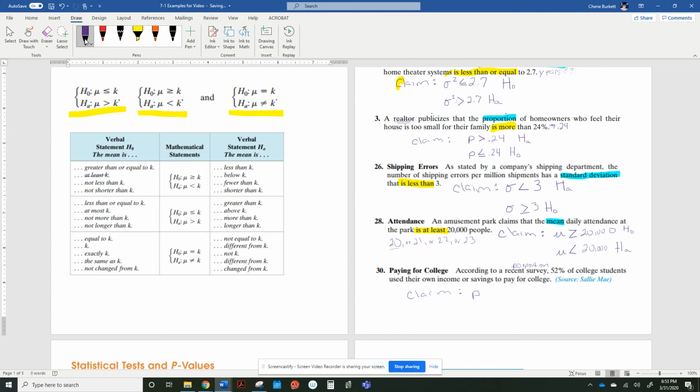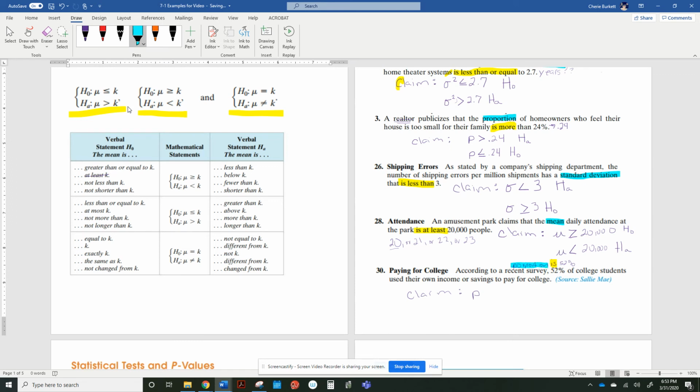Now, since it's telling me the proportion is 52%, these 2 words, proportion and the word is, are left off. And that's important because this word is right here is where I'm going to get my math symbol, and this word proportion is where I'm going to get my variable symbol.